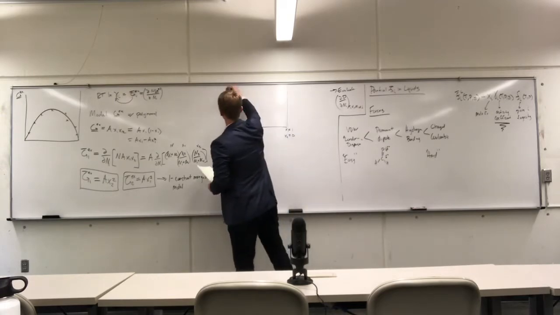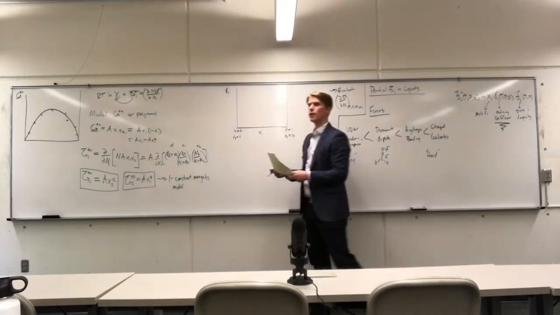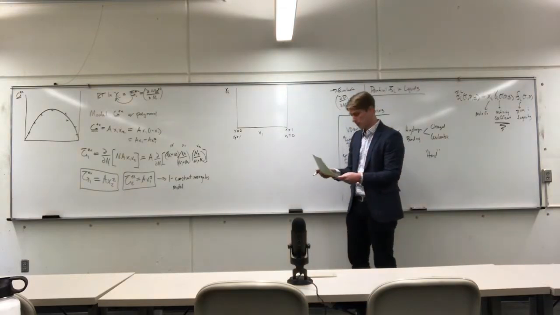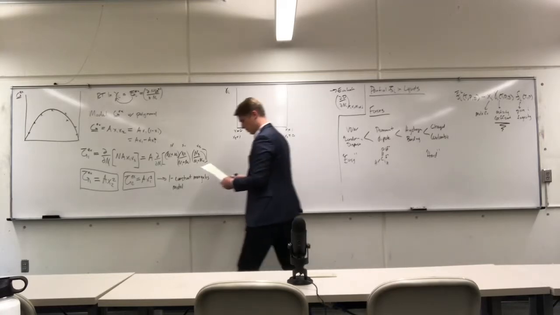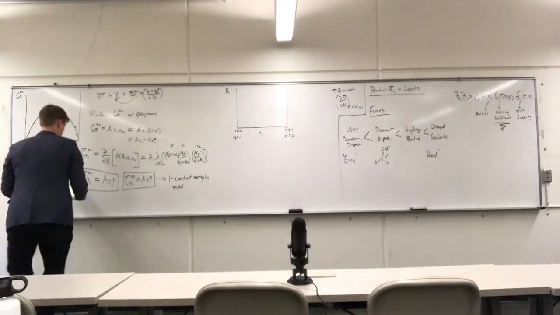So if we want to look at a plot of what we get out of this expression, the one constant Margules equation is symmetric. Let me just write this out one more way here.